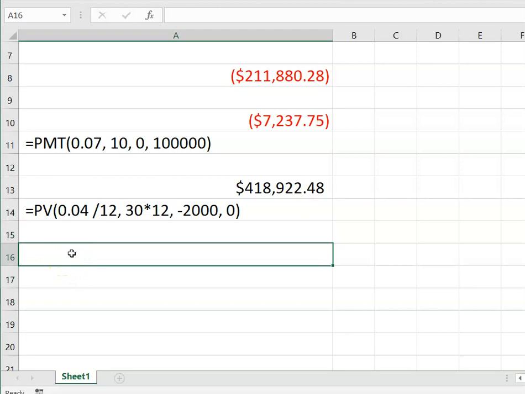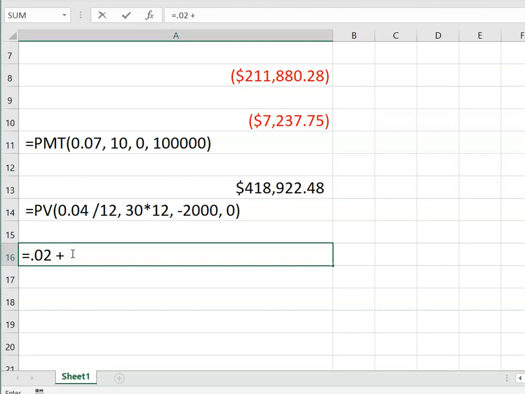Let's do a capital asset pricing model. We want to know the required rate of return, the expected rate of return, and that's equal to the risk-free rate of return. So let's say 2% plus the beta.